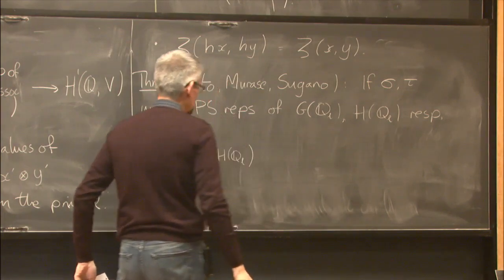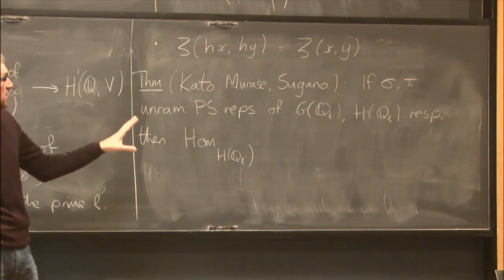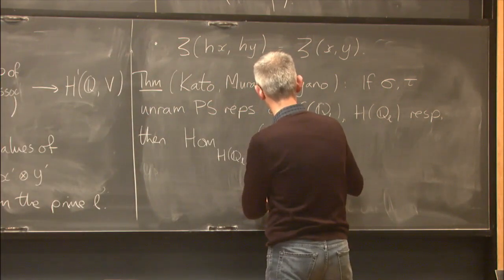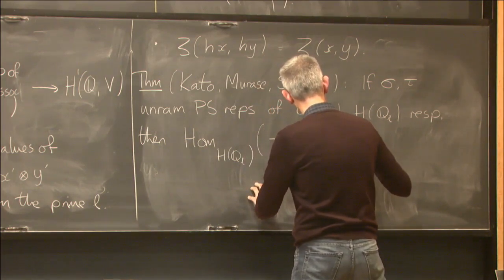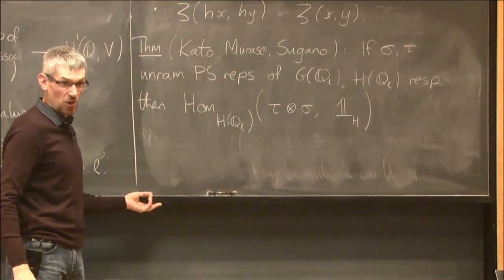Then the H-invariant linear functionals on the tensor product of sigma and tau, this is just going into the trivial representation of H, that has dimension at most 1.